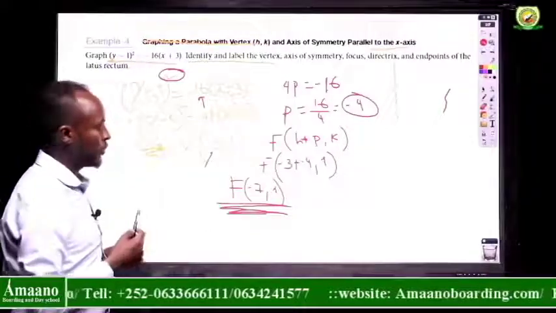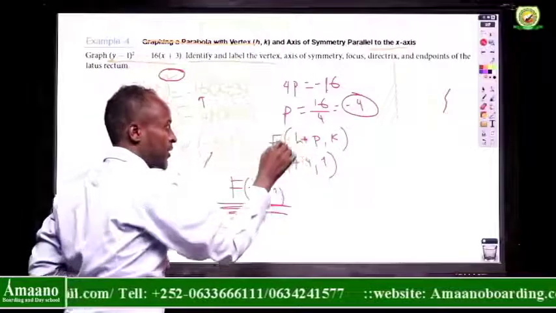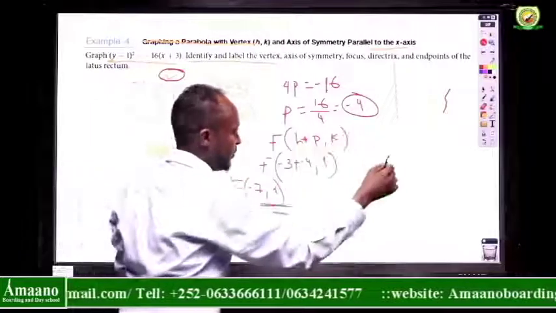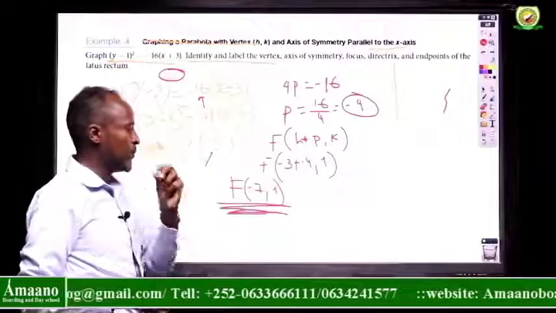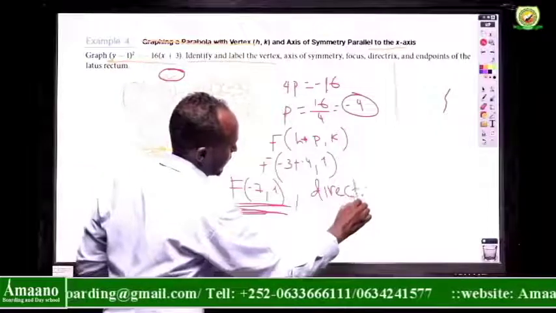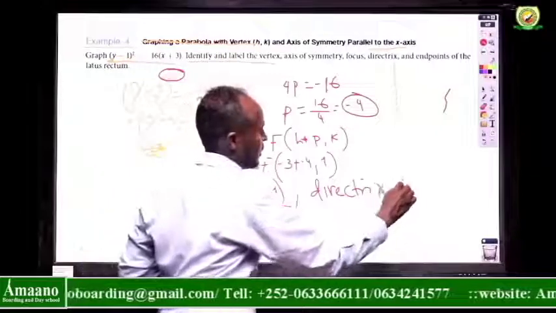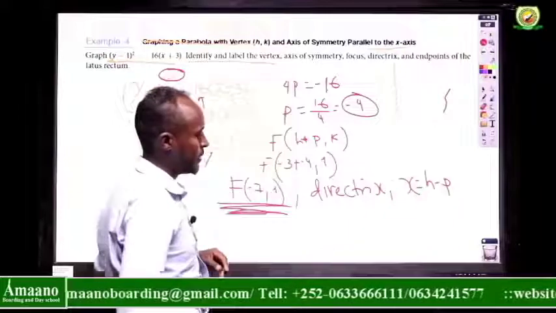Therefore, to find the equation of the directrix, it has the opposite sign. If the focus has h plus p, the equation of the directrix will be h minus p. The directrix has the equation x equals h minus p.